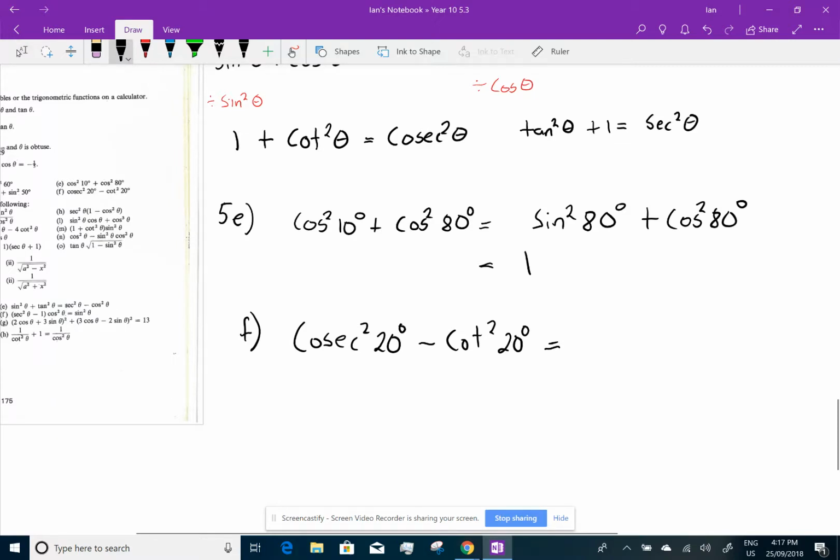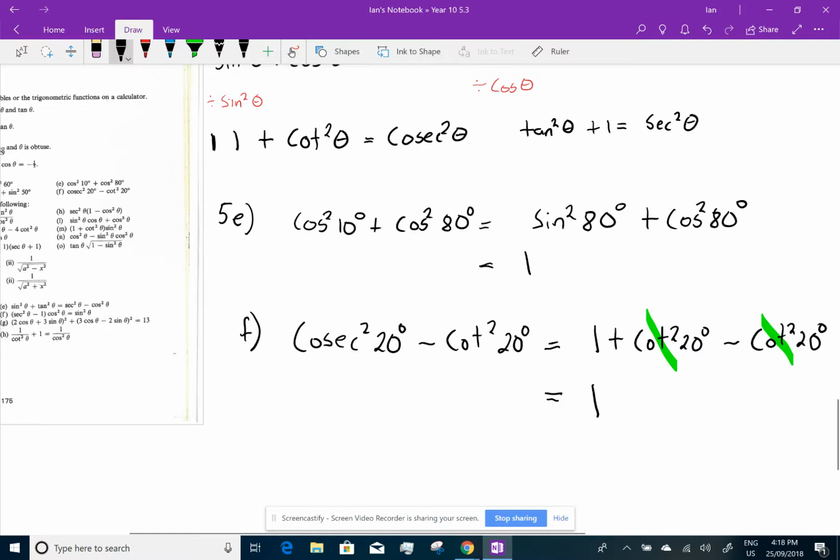I might do that. So I'm going to use this one. And I'm going to go, well, cosec squared is 1 plus cot squared 20 degrees minus cot squared 20 degrees. And these two things will cancel out, plus 1 minus 1, and they'll just leave me with 1. So that one's pretty easy as well.